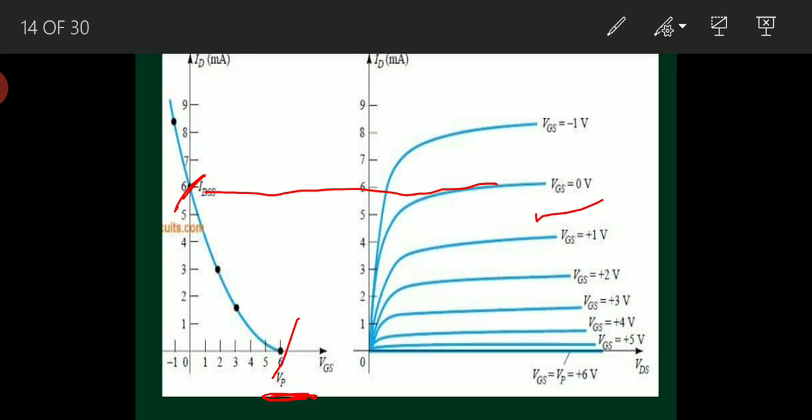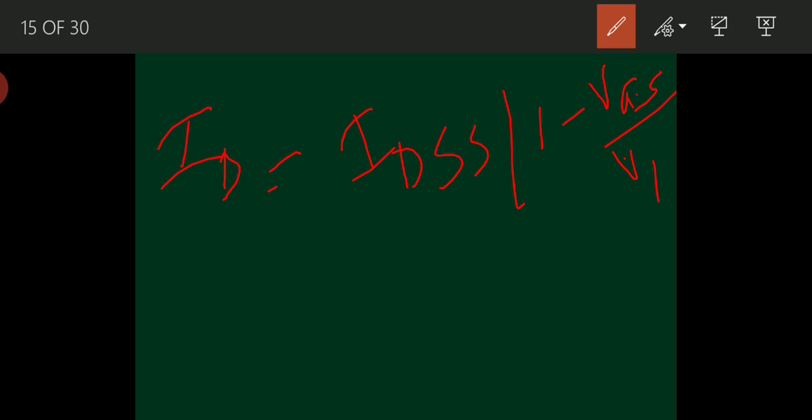So what is the equation? ID equal to IDSS into 1 minus VGS by VP whole square. When VGS equals 0 volts, ID equals IDSS.